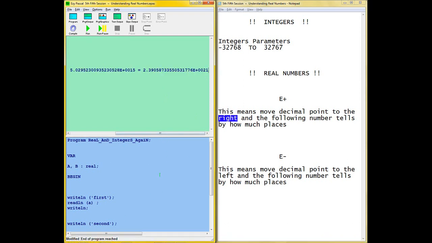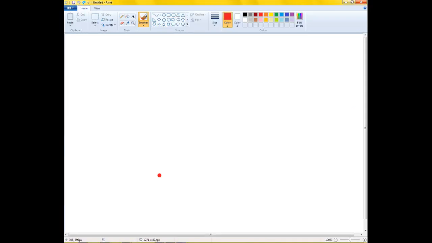Now, for those of you who have not done math or don't really understand it, let's just give a simple example.